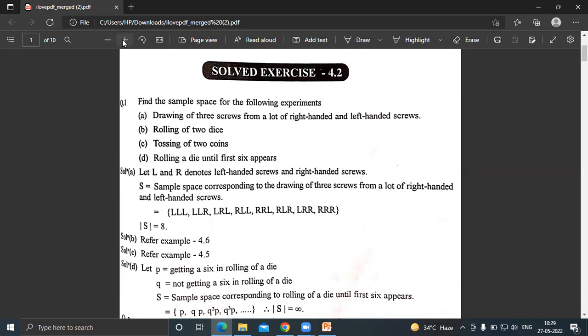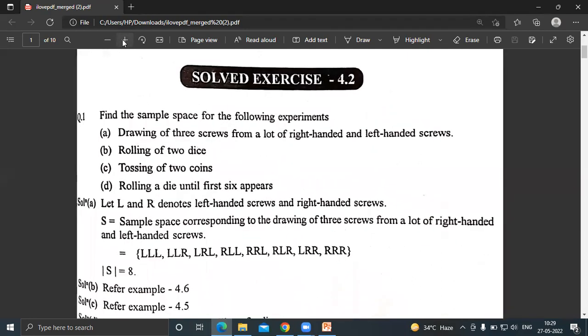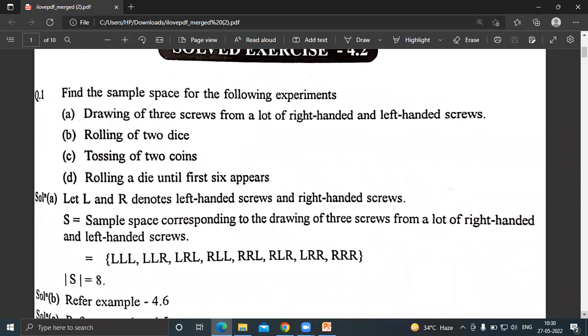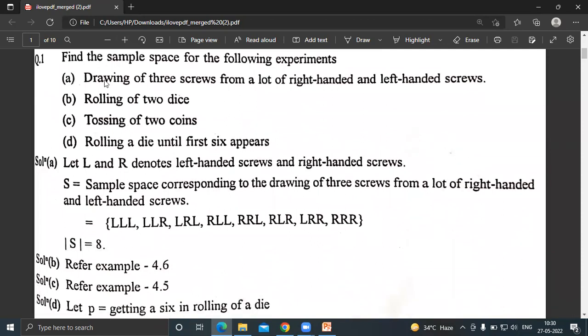So how will we solve these problems? This is a very simple problem to evaluate sample space and events. The first question is drawing of 3 screws from a lot of right-handed and left-handed screws.